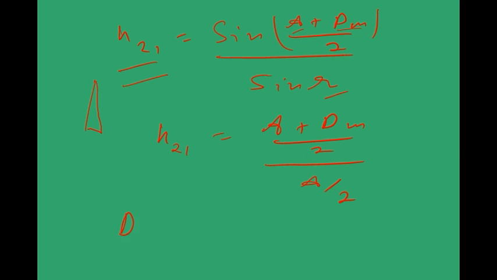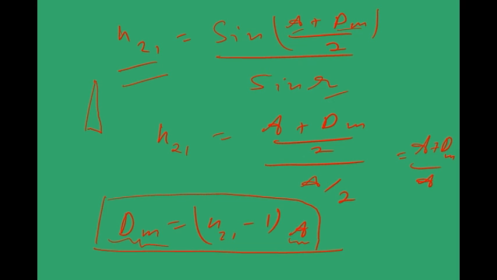Or from that equation I can write Dm as (n21 minus 1) times A, because this is nothing but (A plus Dm) by A. Just from this equation I can get this equation. So what does it imply? If the angle of prism is very small, the net deviation or minimum deviation is also going to be very small. That means the ray is not much deviated. It even makes sense, right? Because it appears to be a very powerless prism because it is very small.